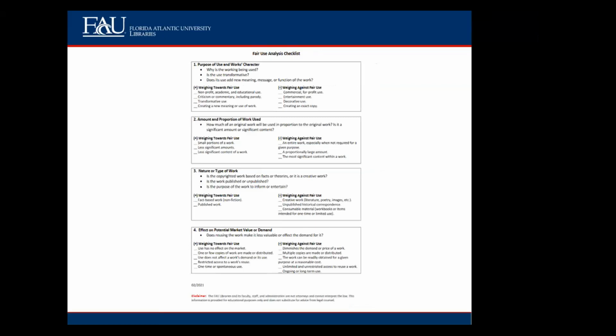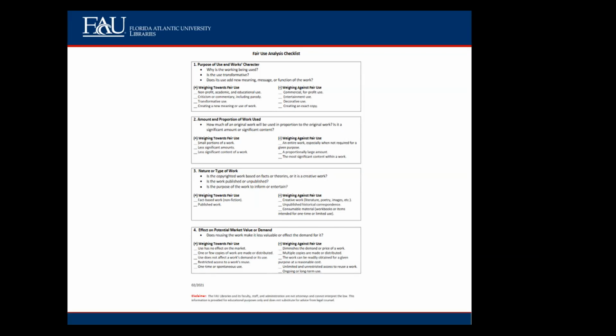So here the 4 factors are presented, like the purpose of the use and work's character, the amount, the nature, and the effect on the potential market. In each little box, you have things that weigh towards fair use for that particular factor, and then things that weigh against fair use, also for that particular factor.